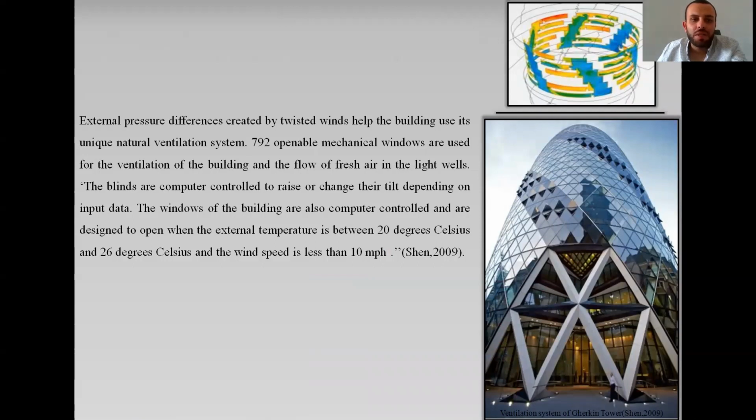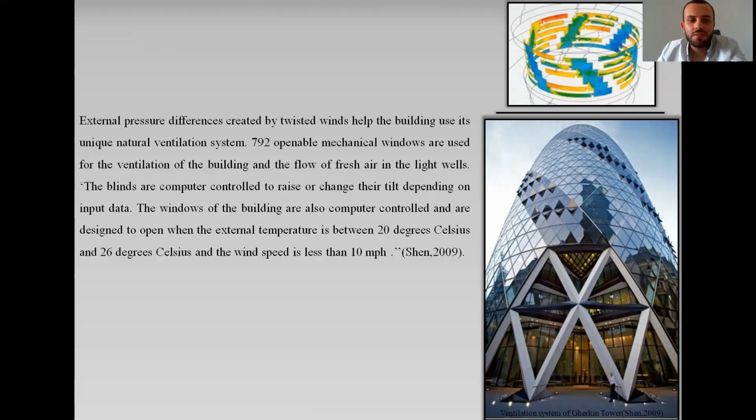The pressure difference created by the twisted vents helps the building use its unique natural ventilation system. 792 openable mechanical windows are used for the ventilation of the building and the flow of fresh air in the light wells. The blinds are computer controlled to raise or change their tilt depending on input data.